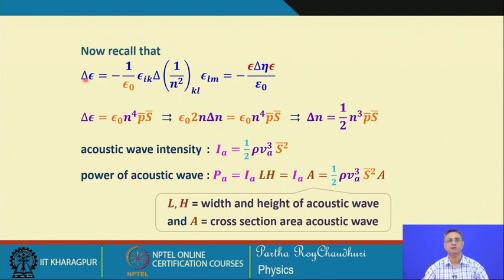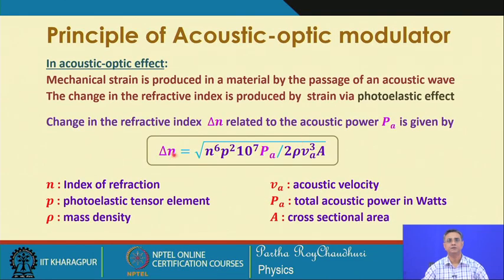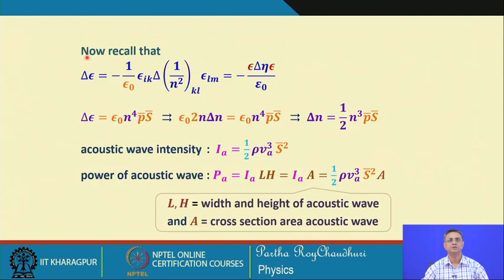So, now let us recall this. To get this equation, let us recall the permittivity relation, which is given by this in terms of the impermeability change, and this delta epsilon is equal to n to the power of 4 p s, that we have seen.